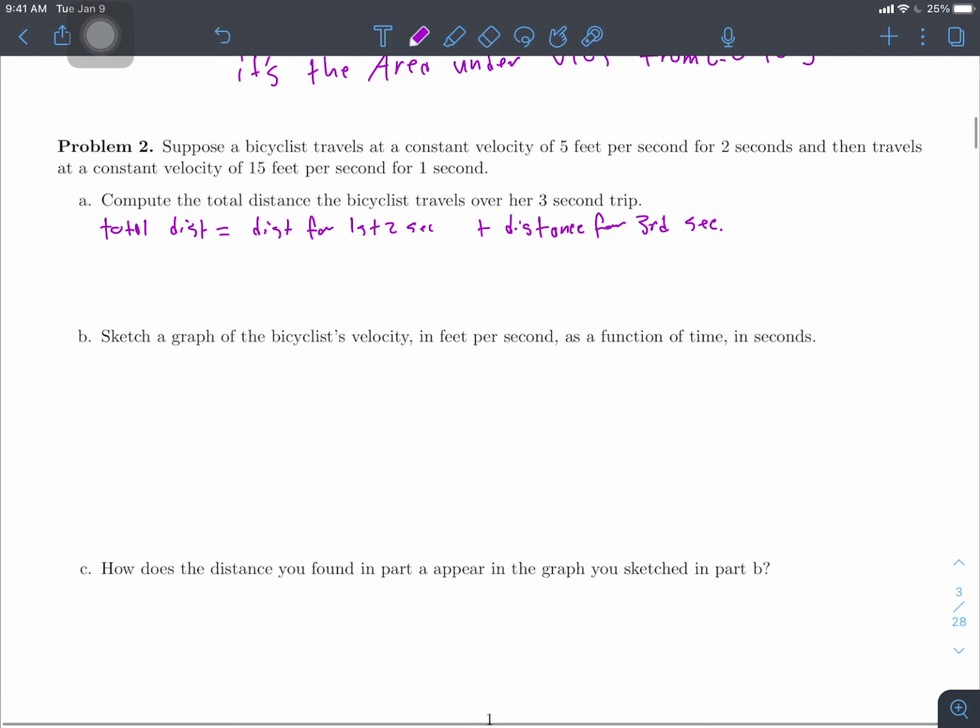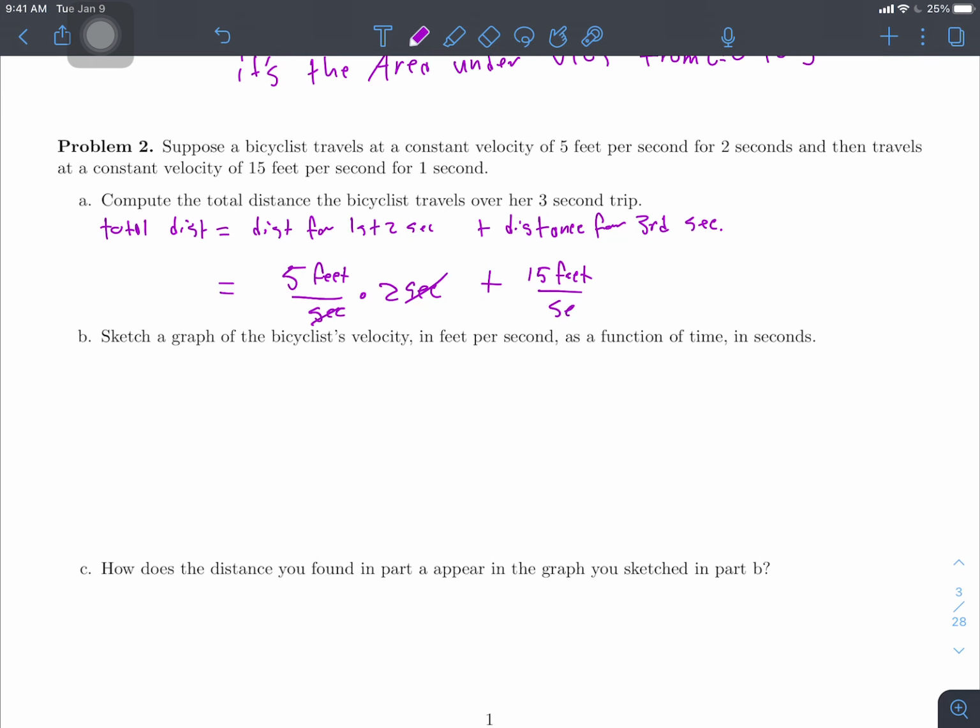Okay, so for the first 2 seconds, it's 5 feet per second, and she travels that speed for 2 seconds. So we cancel the seconds again. Okay, and then we're going to add to that 15 feet per second times 1 second.